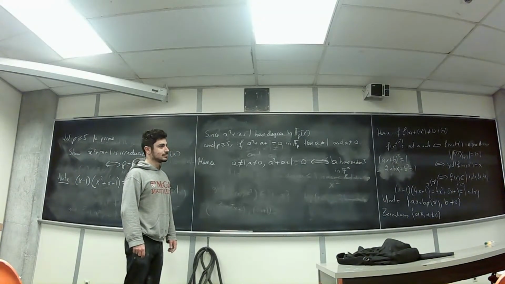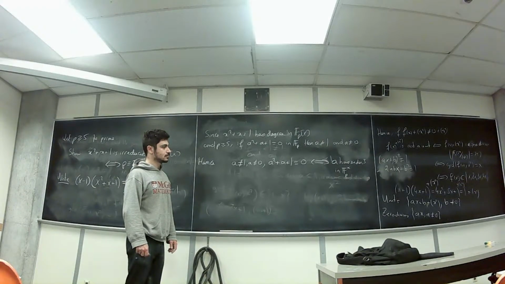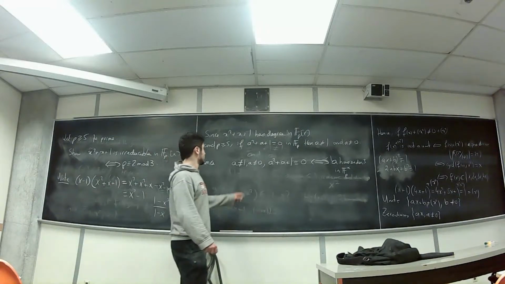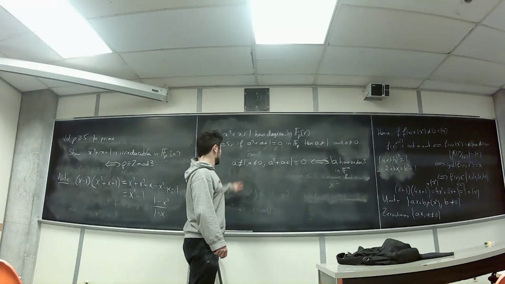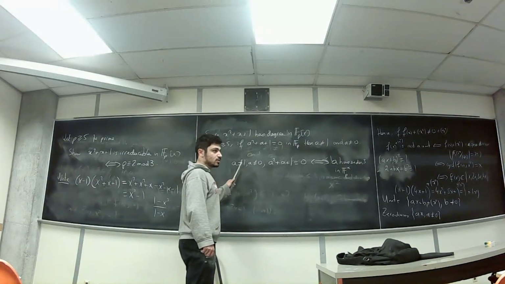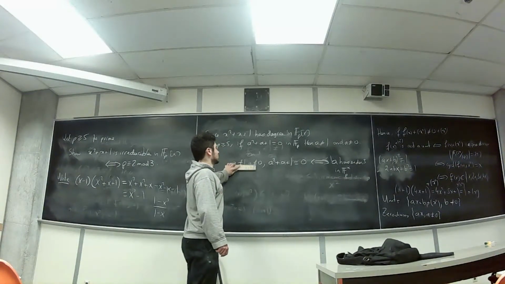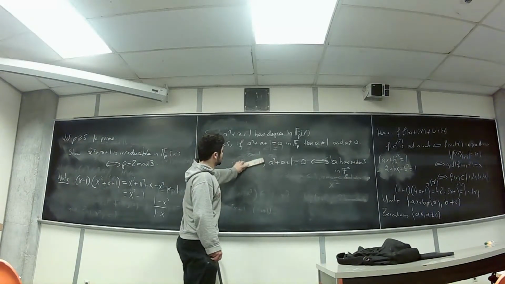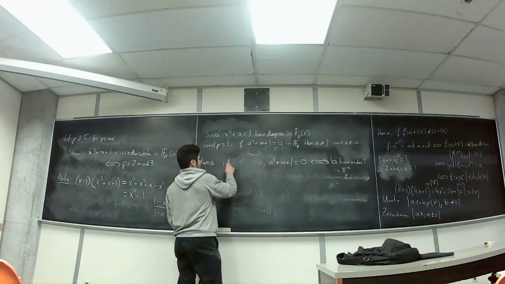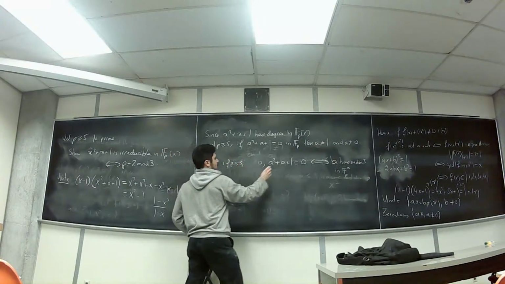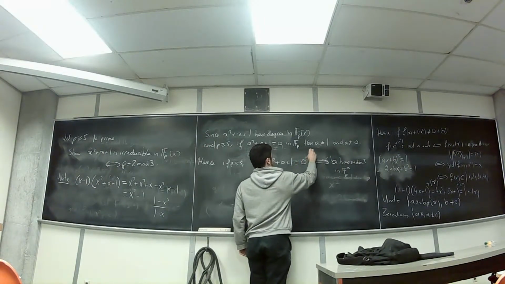I don't get how, once we have a squared plus a plus 1 equals 0, then a is not equal to 1, and a is not equal to 0. Okay, take this as an assumption: a is different than 1, a is different than 0. If p is greater than 5, in Fp, let's give an example.